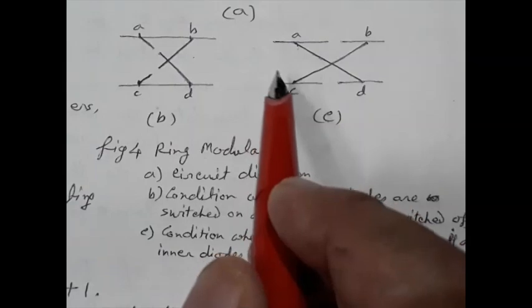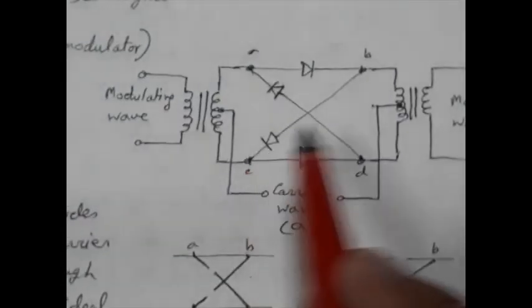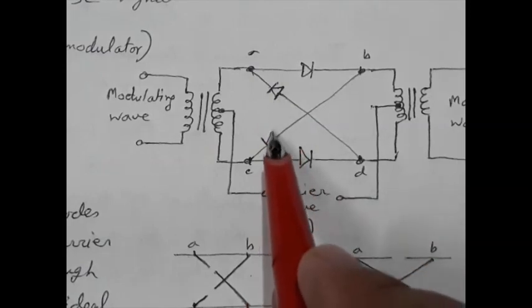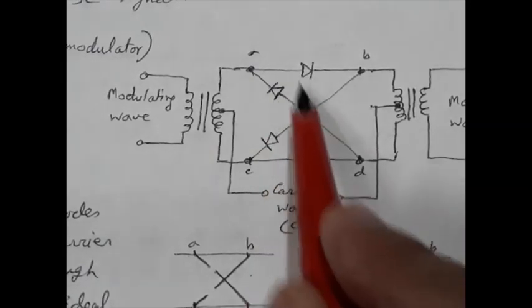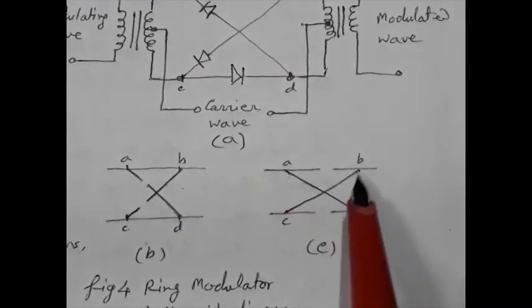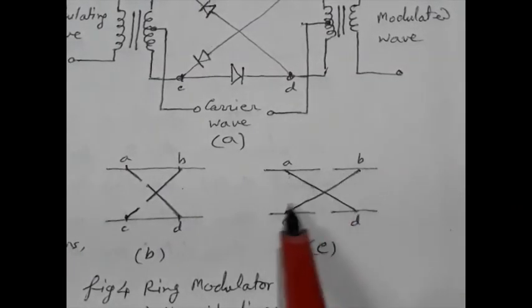Now during the negative half cycle, the potential at this point is larger than the potential at this point. So the inner diodes will be forward biased and the outer diodes are reverse biased. So the connection is now crossed in this way.